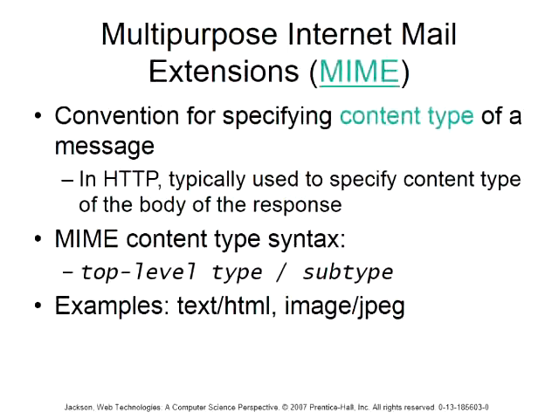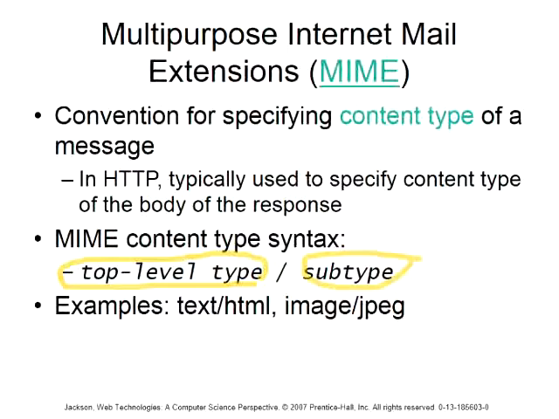So this is the convention of specifying content type on a message. In HTTP, it is typically used to specify the content type of the body of the response. This is the MIME content type syntax. We write top level type, after that subtype.